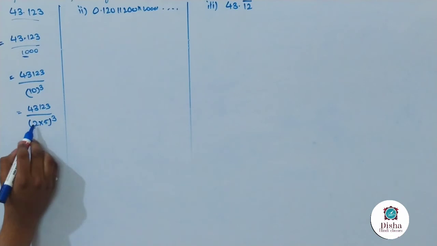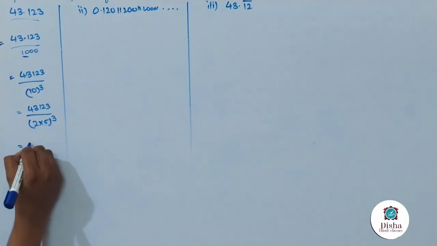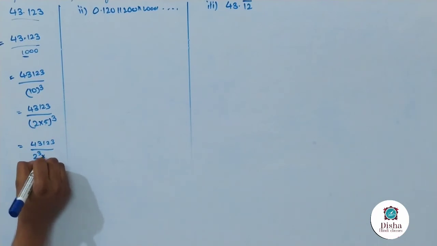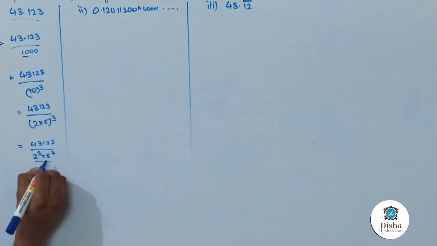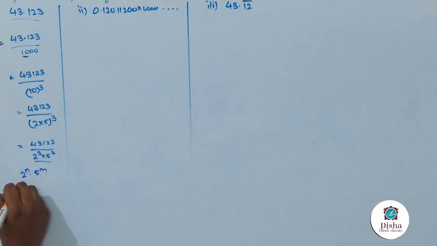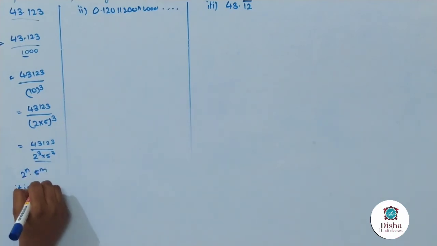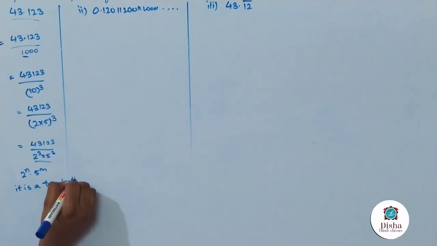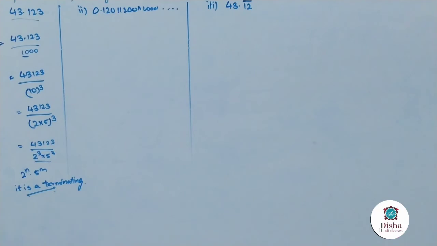So now we can write separately for both these numbers: 43123 over 2 cube into 5 cube. So now we have got the denominator in the form of 2 power m into 5 power n. Therefore, it is a terminating number.